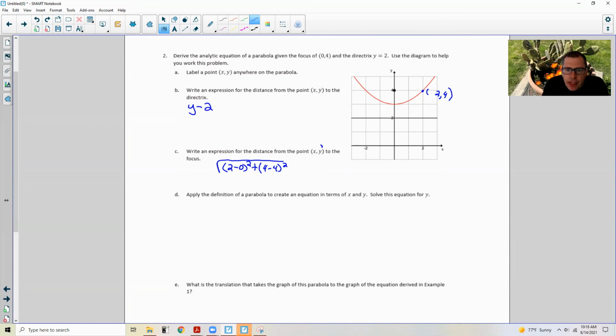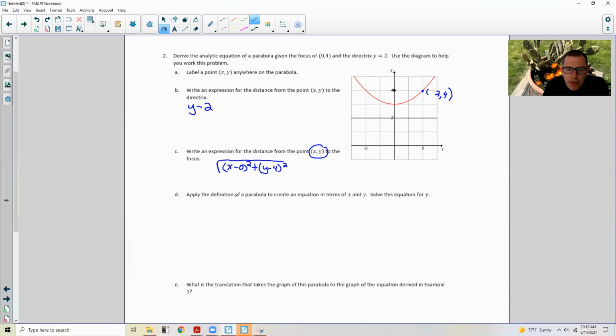But if we're just talking about the point x comma y, then we would change our numbers. Instead of using the point 2 comma 4, we'd use the point x comma y. So it'd be the square root of x minus 0 squared plus y minus 4 squared.